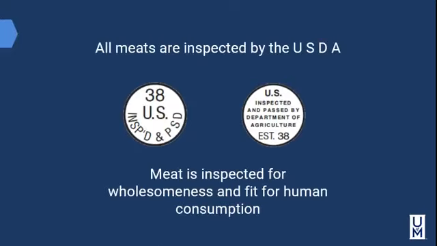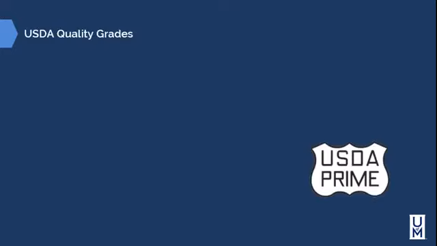All meats are inspected by the USDA. The USDA inspection stamp for whole carcasses is on the left, and the USDA inspection stamp for fabricated meats is on the right. Meat is inspected for wholesomeness and fitness for human consumption. The USDA also grades for quality.